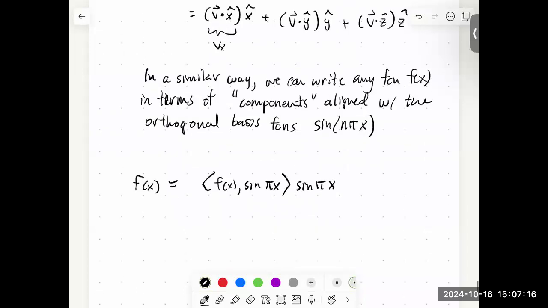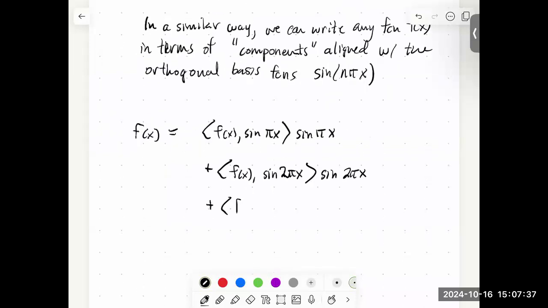Then to get the next one, I take my function, multiply it by the next member of the basis, n equals 2, and then sine 2 pi x. I'll write down one more: 3 pi x, sine of 3 pi x, and plus so on.